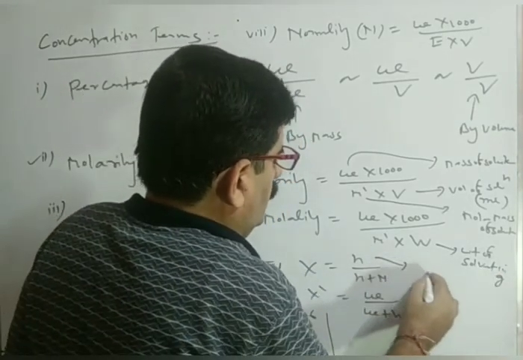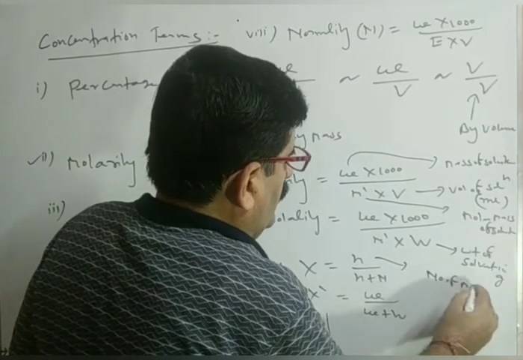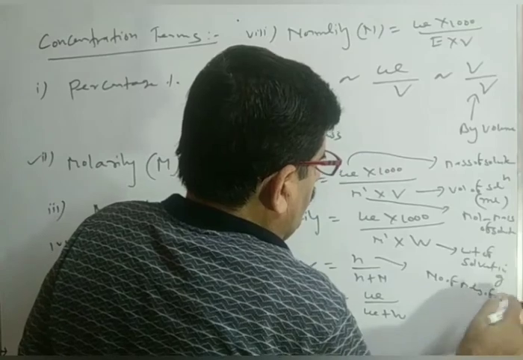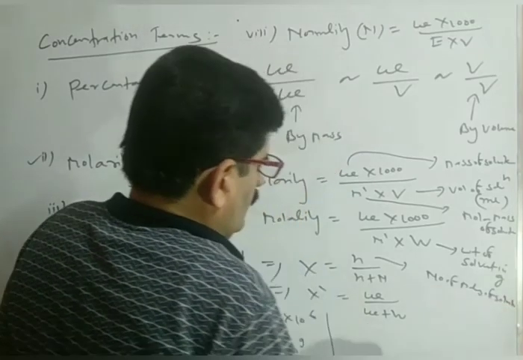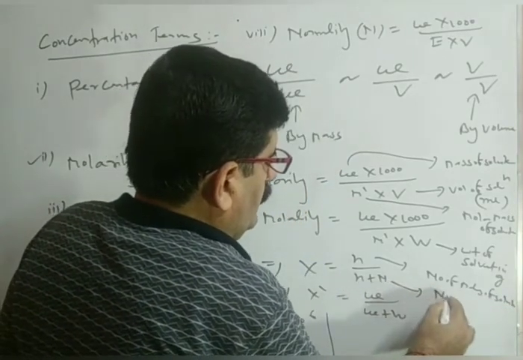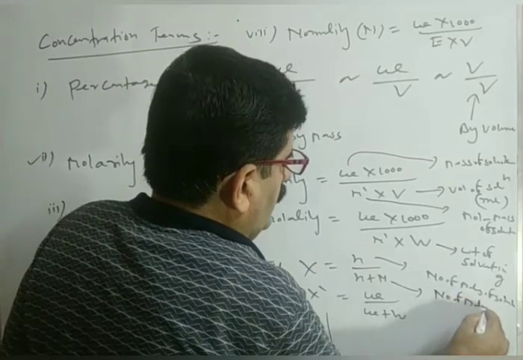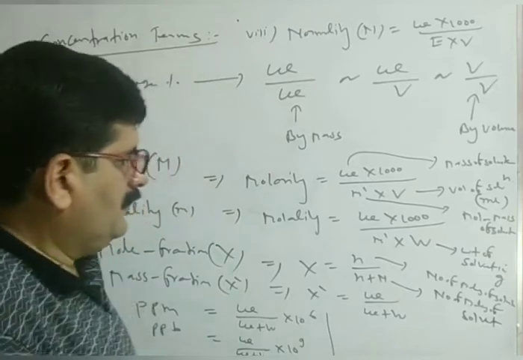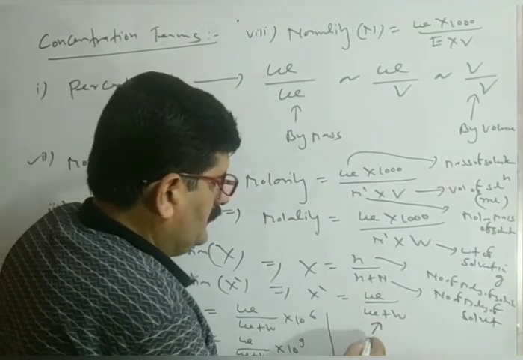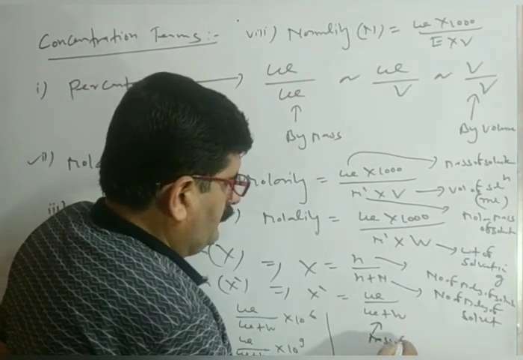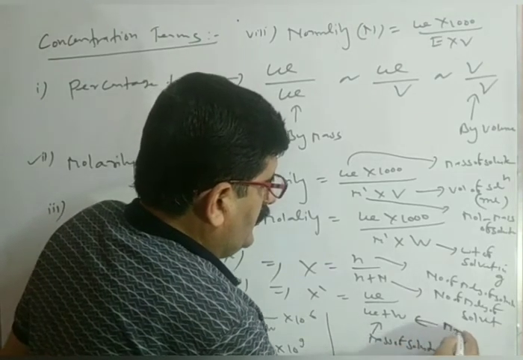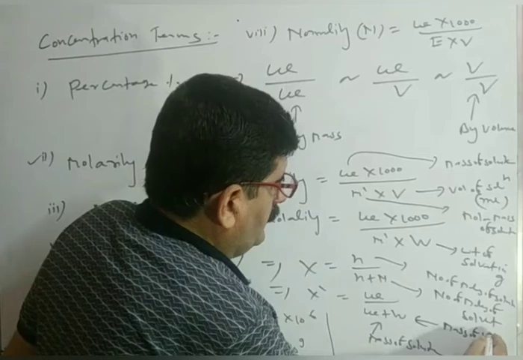Small n is equal to number of moles of solute. Capital N is equal to number of moles of solvent. Here small w, mass of solute. This one, mass of solvent.